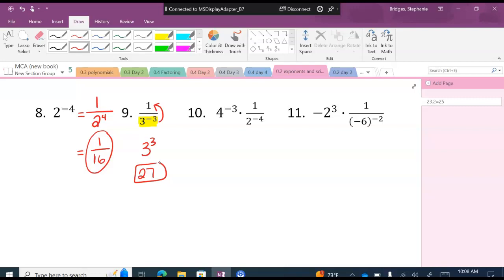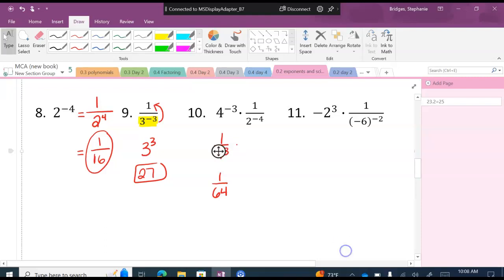What is 4 to the negative third power? It's going to be 1 over what? It's 1 over 4 to the third, which becomes 1 over 64. And if I have 1 over 2 to the negative 4, remember to make that exponent positive, we move it to the top, which just becomes what? That's not 24, that's 2 to the 4. It becomes 16, right?